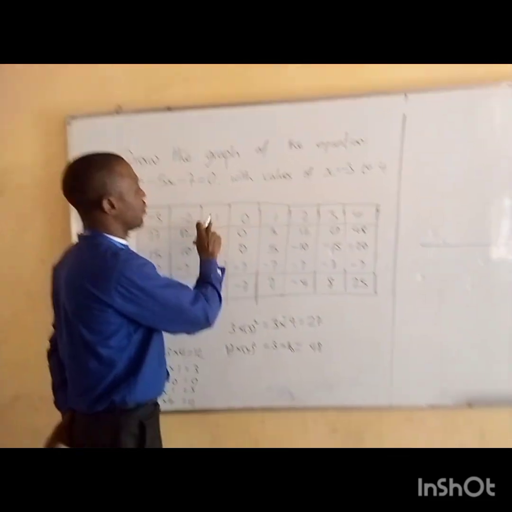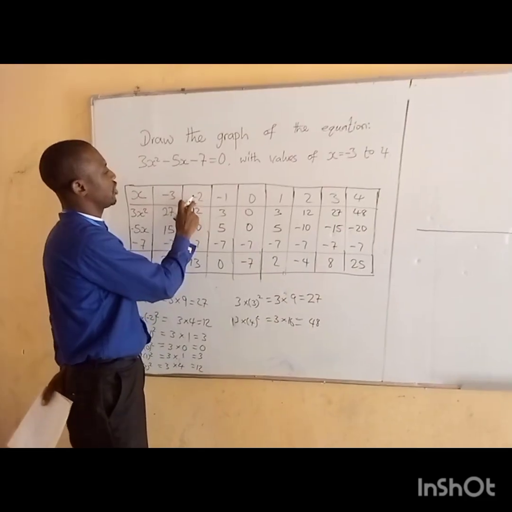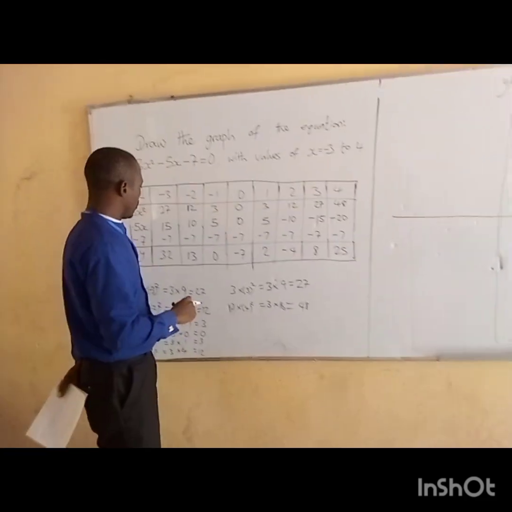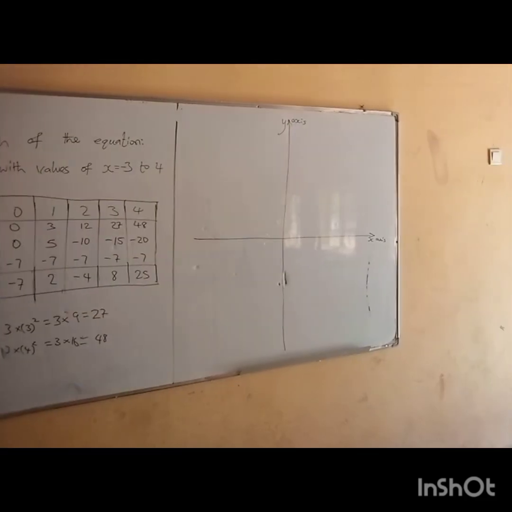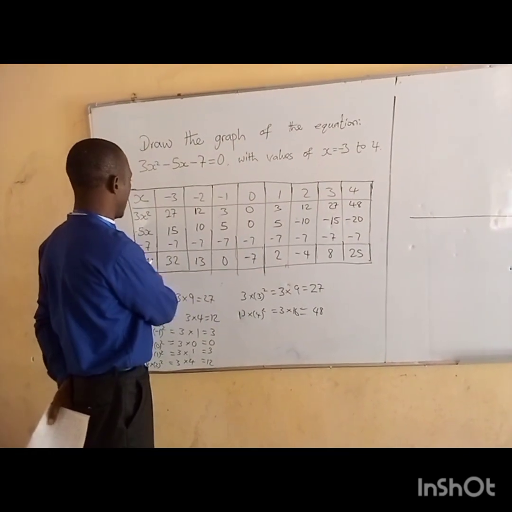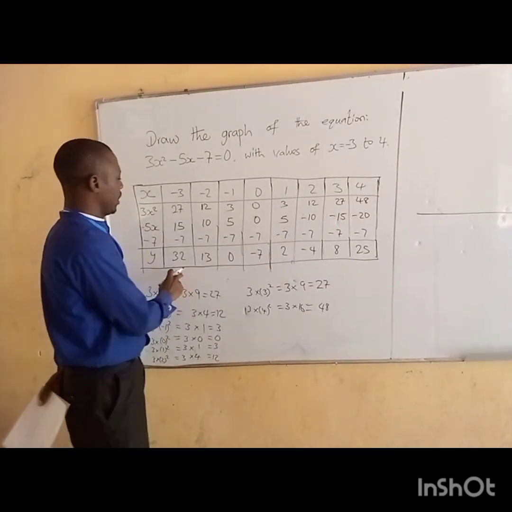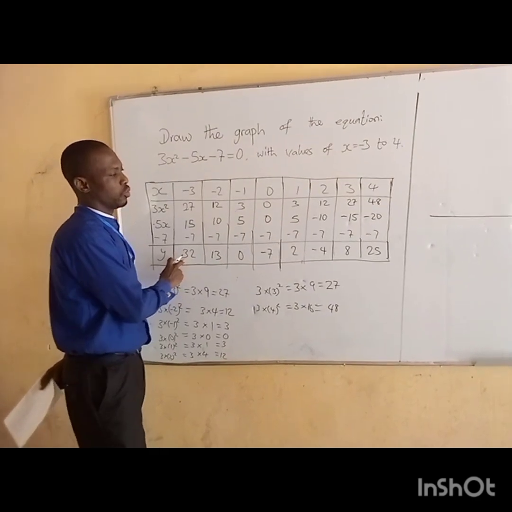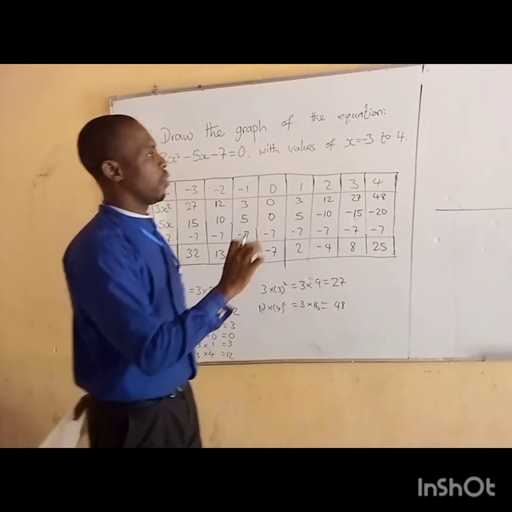If you look at the values of x, you see the difference between each number is 1. But the difference in the y value is a bit larger. The lowest number in the y-axis is 0, but the largest number is 32. So we will take a wider range.